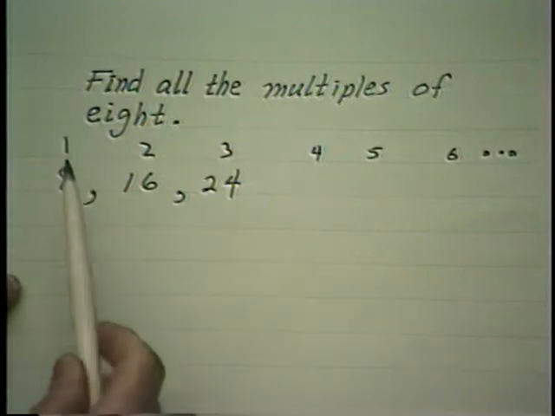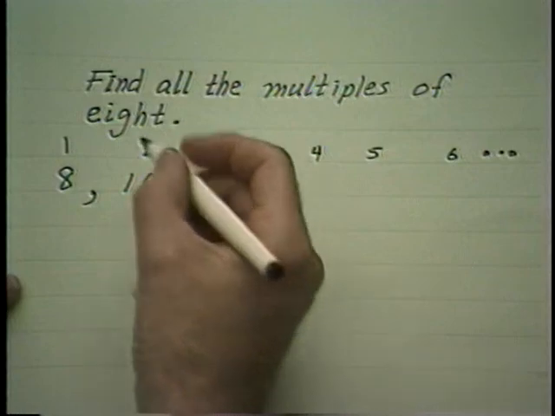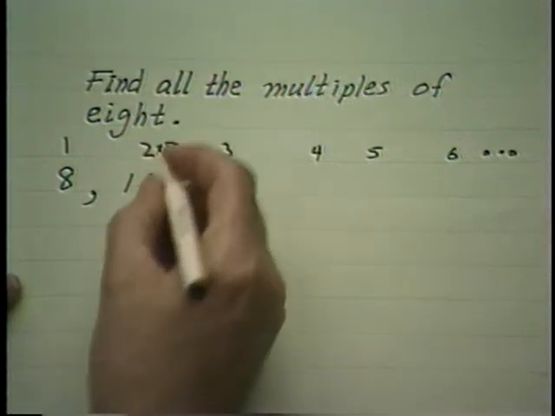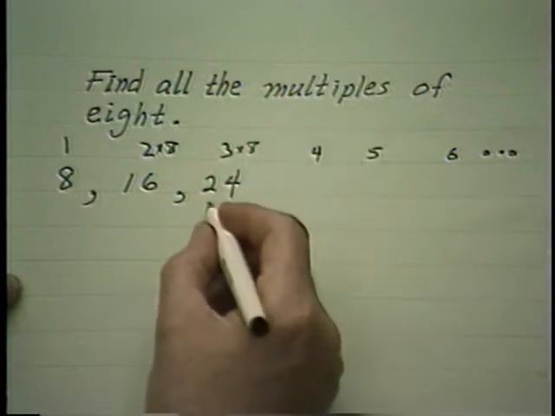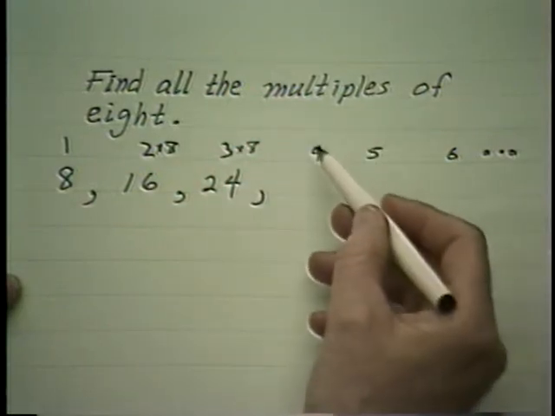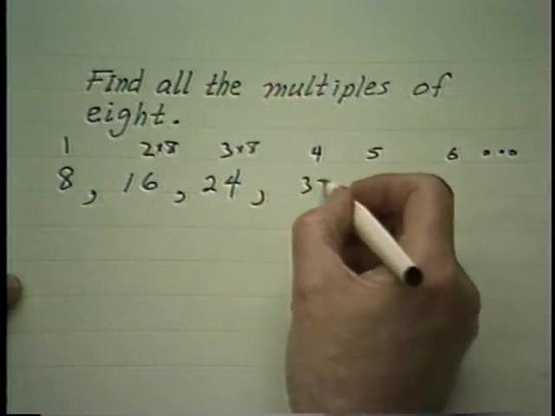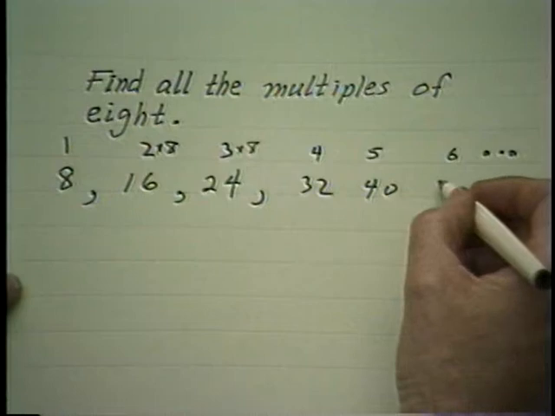Now notice this first multiple of 8 is simply 1 times 8. 2 times 8 gives me the next. 3 times 8 gave me 24, and so on. 4 times 8 is 32. 5 times 8 is 40. 6 times 8 is 48.